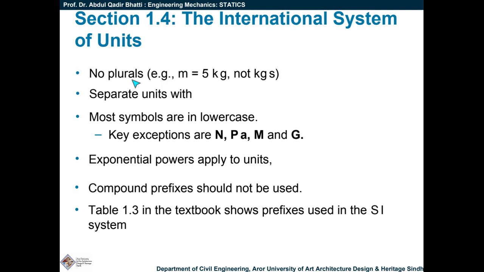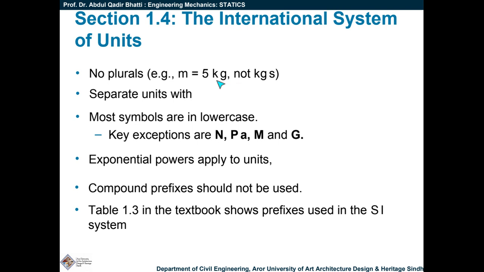If mass is 5 kilogram, we will not write kilogramS. 1 kg, 2 kg, 5 kg. We cannot write 1 kgs, 6 kgs, or 100 kgs. We only use kg. We don't use plurals in the units.